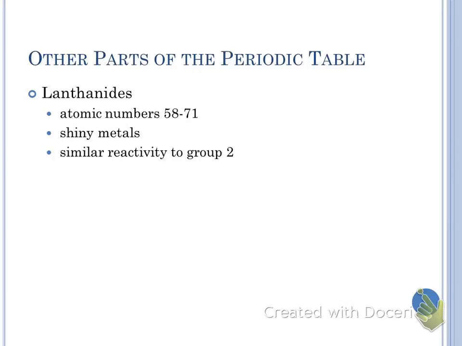Okay, so the lanthanides are the top row there of that bottom pulled out section. The actinides are the ones right underneath that. They start with actinium. Their numbers are 90 through 103, not including actinium. Okay, so sometimes you'll see lanthanum and actinium still up in the regular periodic table, and then the numbers after that are pulled down. Sometimes you'll see lanthanum and actinium pulled down with them.